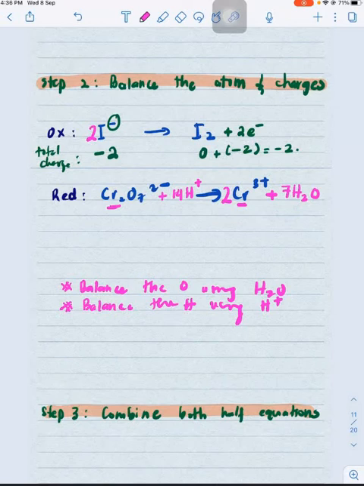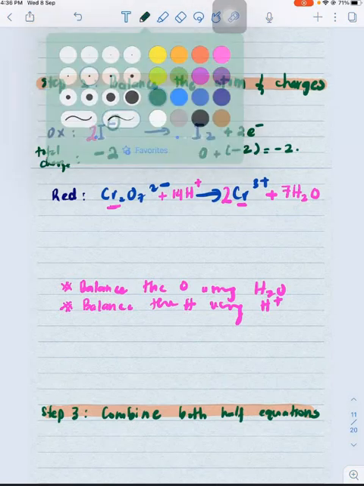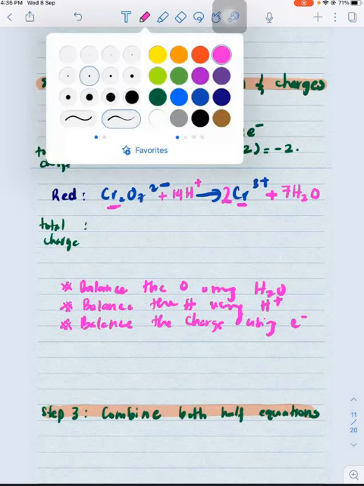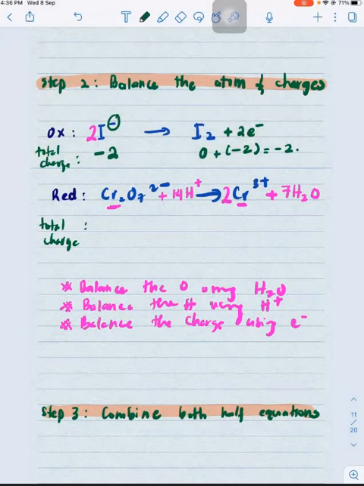So it's time for us to balance the charge again. Okay. So for the total charge kat sini, kat bawah ni saya tulis balance, kita akan balance the charge using electron. Okay. So what is the total charge on the left side? Okay, so tengok kat situ.